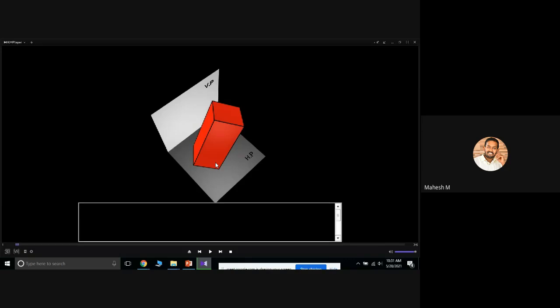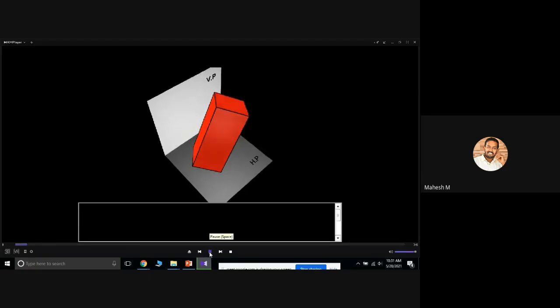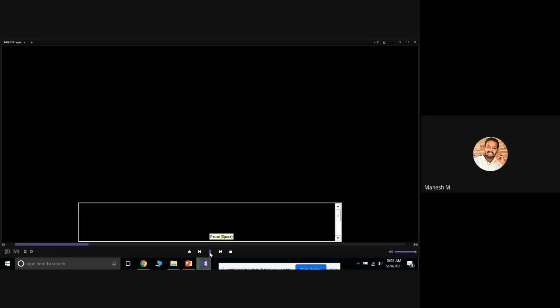In this problem, diagonal is vertical to HP. It is an imaginary line, and this imaginary line should be vertical to HP. If we see this diagram from the front view direction, you can see the inclined front view, and also the inclined top.